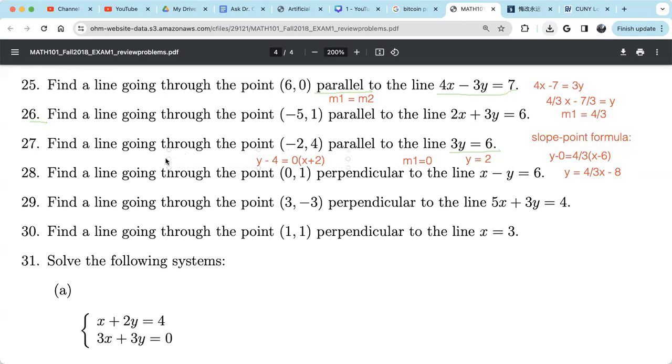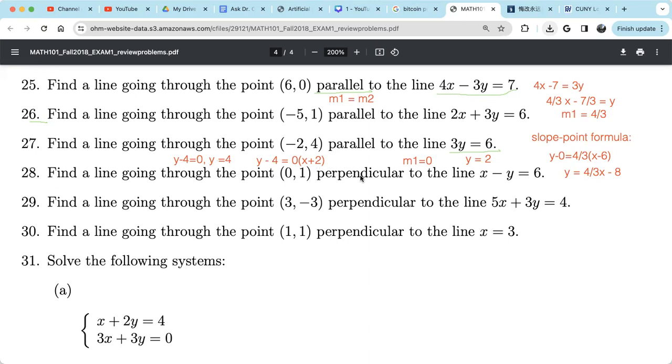So we just get y minus 4 equals 0, and we can write that y equals 4, right? And indeed, y equals 2 is a horizontal line going through the y value of 2, and y equals 4 is the horizontal line going through the y value 4. So those two lines are parallel.